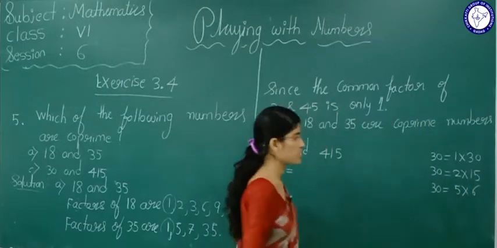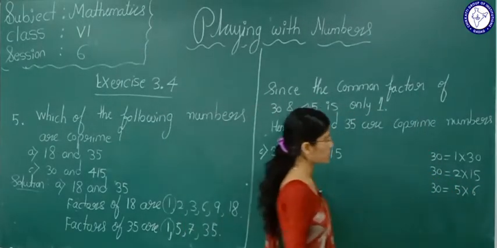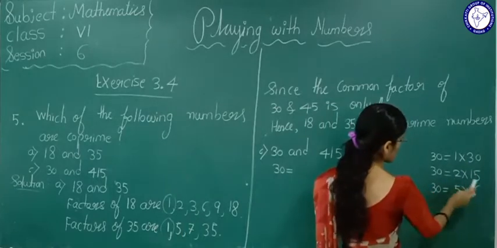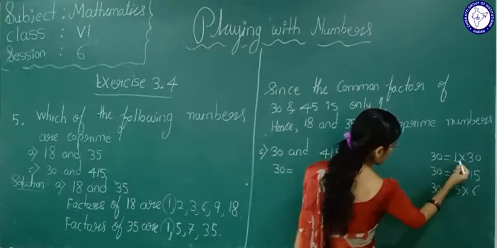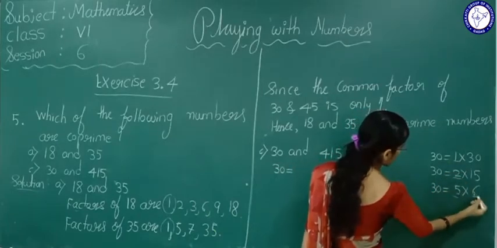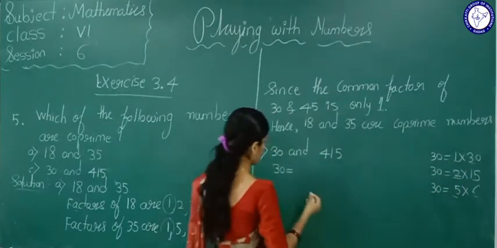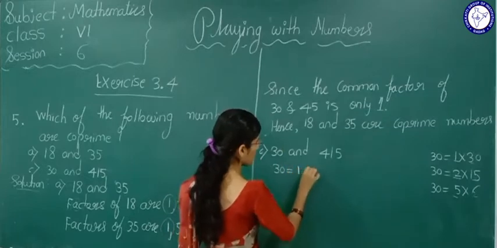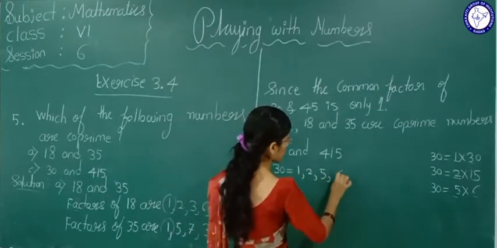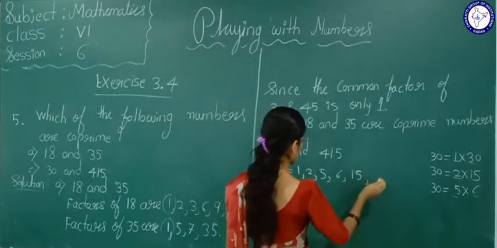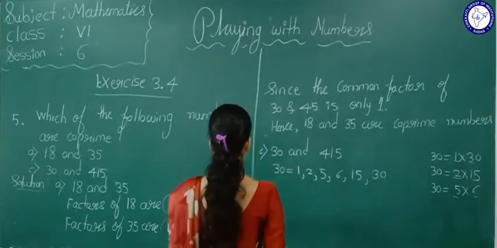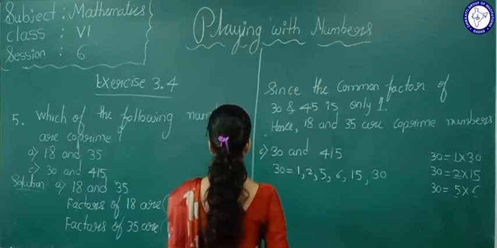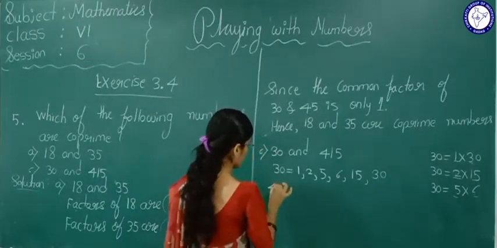Again, is there any other possible? That only will tell reverse: 30 1s are, 15 2s are, 6 5s are. Right? Now, what are the factors of 30? That is 1, 2, 5, 6, 15 and 30.